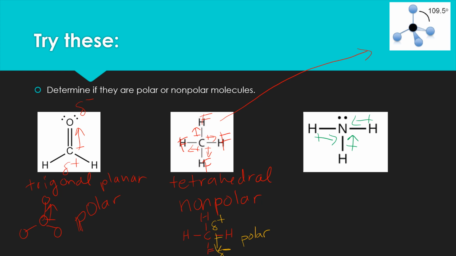And this one, we've got those 3 bonding and 1 non-bonding pair, so that is a pyramidal shape. So it's like this tetrahedral one up here, but we've replaced a bond with a lone pair. Right, we replace that bond with a lone pair. Let me draw it a little bit better. There's our lone pair sticking up.